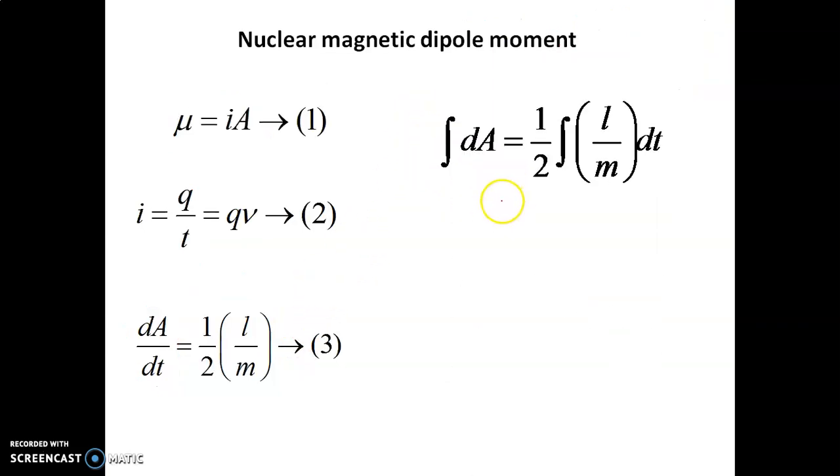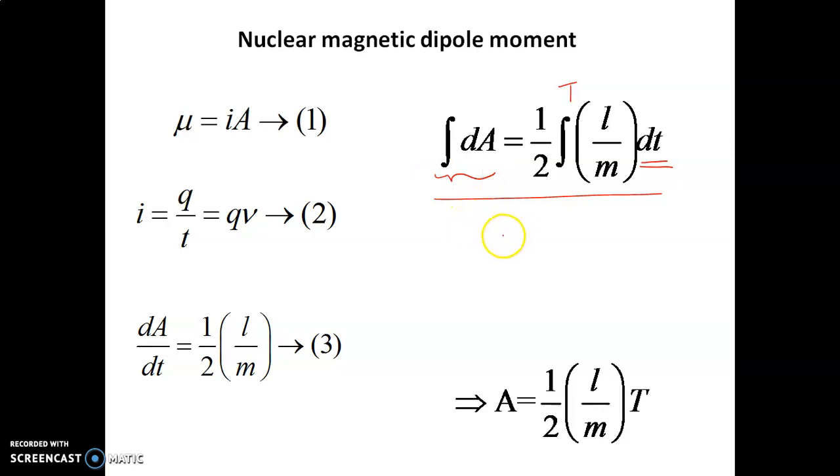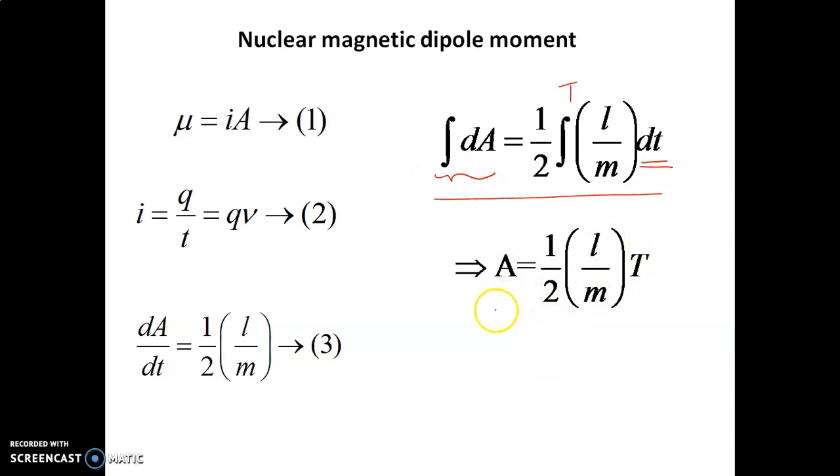Now let us integrate this equation. On this side it is dt, that means we are integrating with respect to time. So let us integrate over a whole cycle, capital T. And obviously when I integrate it, we get this as capital A, and this side becomes this much.